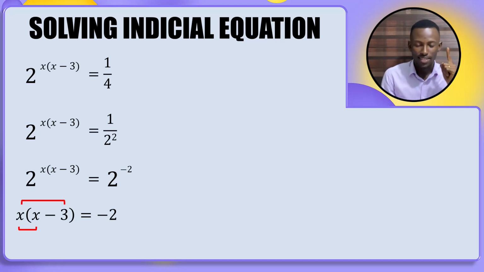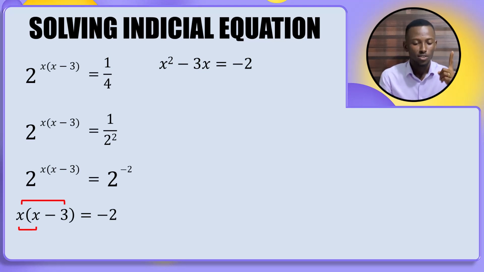So x times x will give you x squared, and x times negative 3 will give you negative 3x. So the equation we now get is x squared minus 3x equals negative 2. The x squared minus 3x is just the expanded form of x into bracket x minus 3.